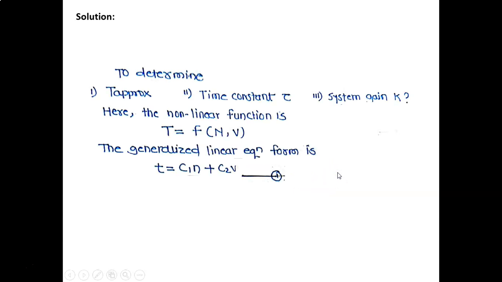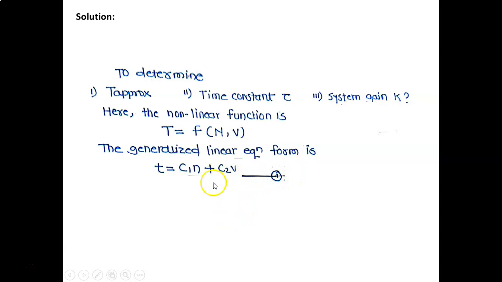Solution to determine T approximate, time constant tau and system gain K. Here the non-linear function is T as a function of N and V. Therefore the generalized linear equation form is small t equal to C1n plus C2v, equation 1.